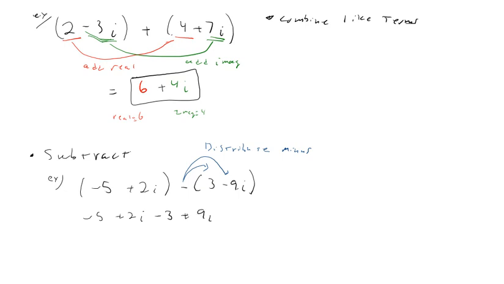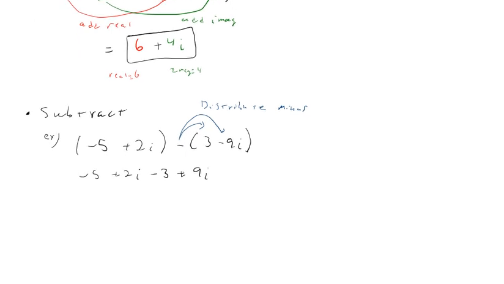And then combine like terms. -5, -3, that's going to make -8 for a real part. Plus my imaginary part. I'm going to have 2i and 9i. That's going to make 11i. And that's my answer.